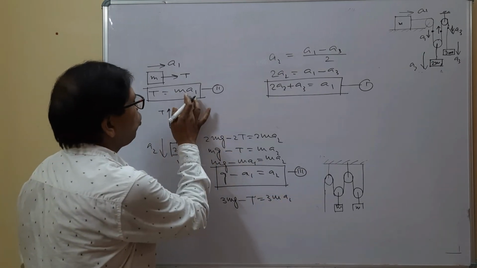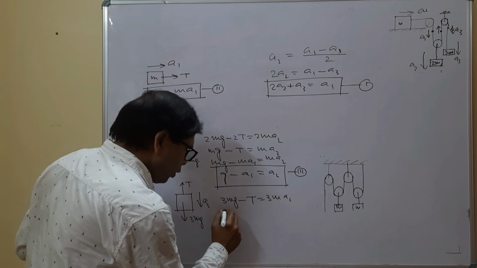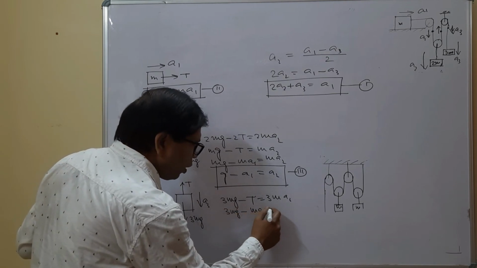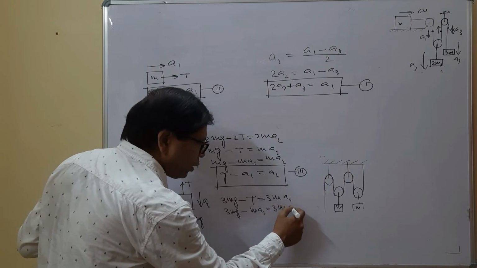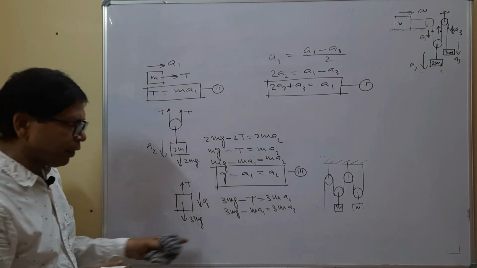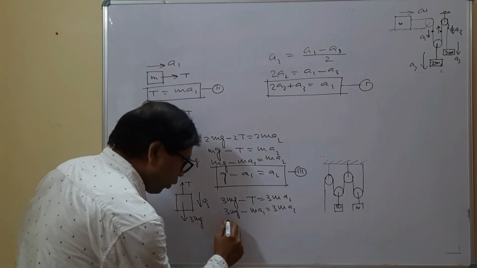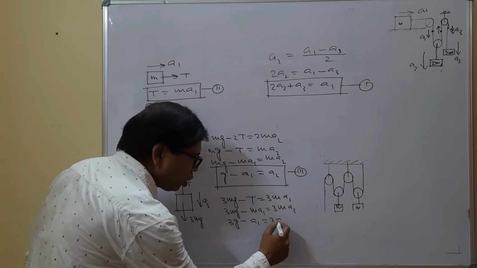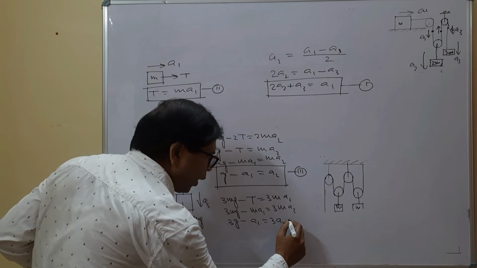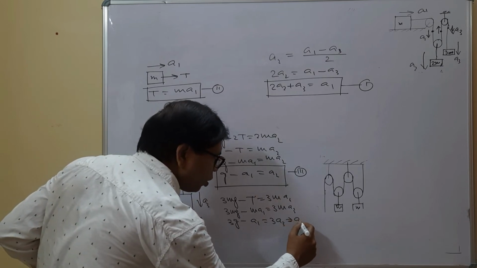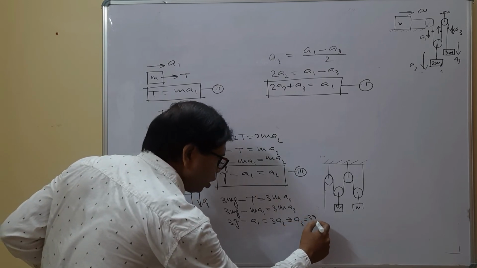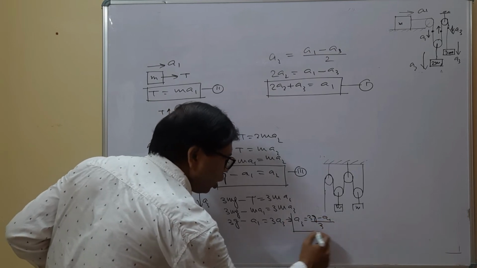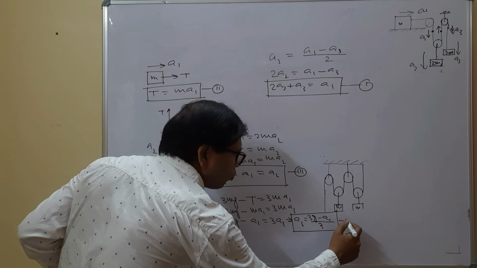Now putting the value of T, 3mg minus m a1 equals 3m a3. Now m cancels out. So here 3g minus a1 equals 3a3. Therefore a3 becomes 3g minus a1 divided by 3. This is relation number 4.